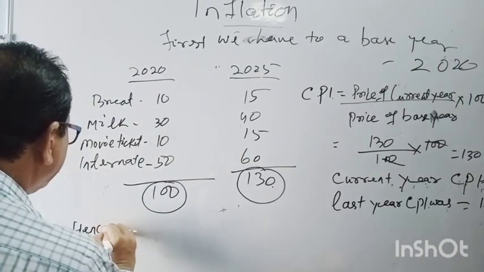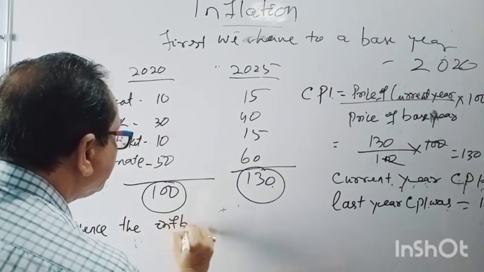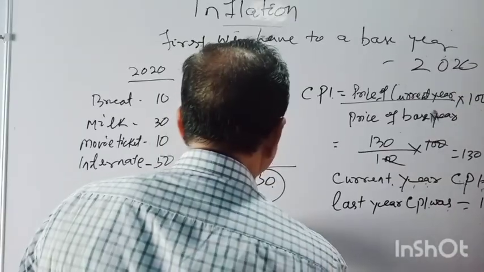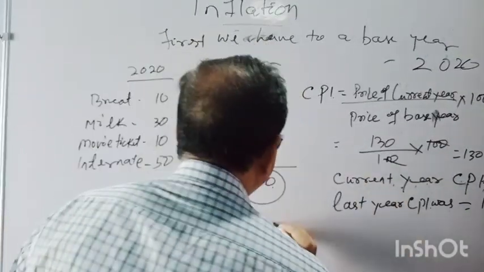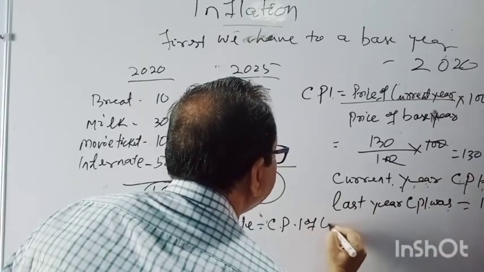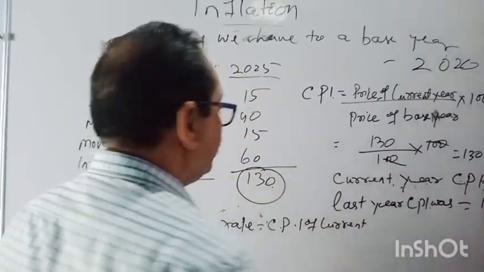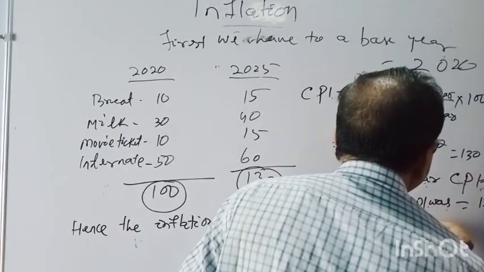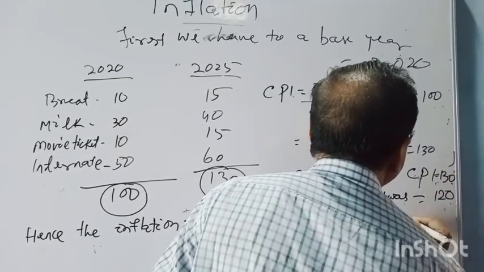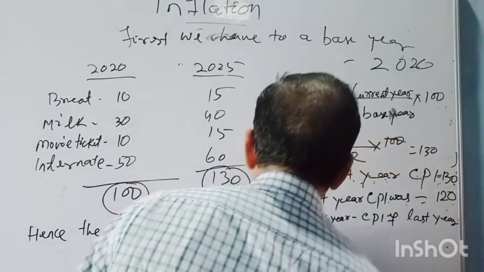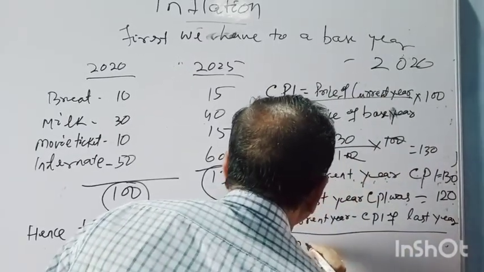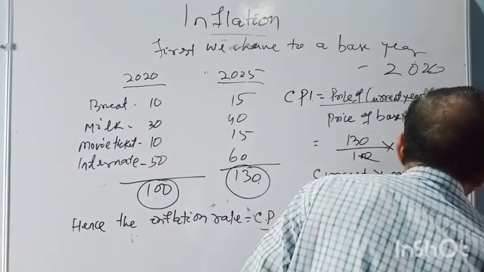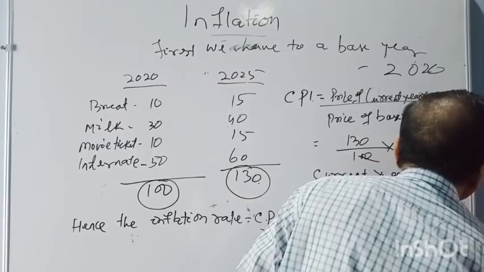Hence, the inflation rate is equal to CPI of current year minus CPI of last year, divided by CPI of last year, into 100. It is very important, watch carefully.